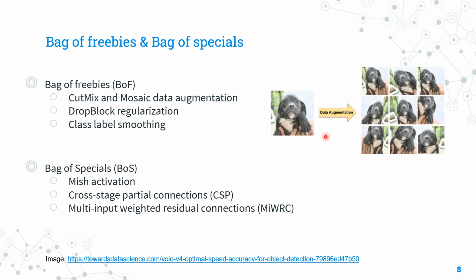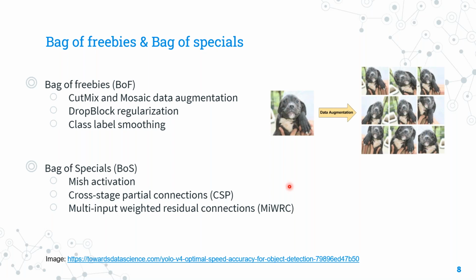To do this, we do photometric distortion like changing the brightness, saturation, contrast, and noise, or we can do geometric distortion of an image like rotating it, cropping it. These techniques are a clear example of a bag of freebies, and they help the detector accuracy.